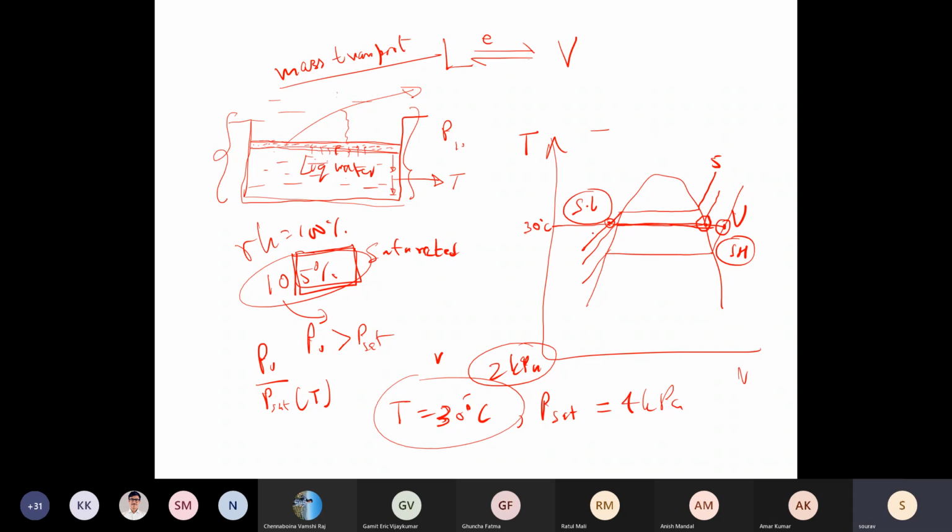Okay, so if you have this condition of 5 kPa, the actual process will be that your liquid droplets will fall down and the partial pressure of water vapor in the air will again go back to 4 kPa. So it will move from this 5 kPa line to 4 kPa.